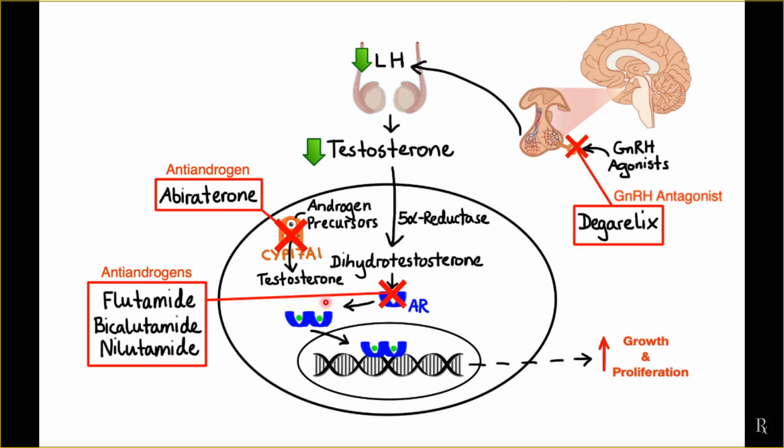So this is the same as the selective estrogen receptor modulators with the estrogens, and also we can reduce the production of the testosterone from the precursors, that is by blocking the cytochrome 17A1 enzyme by the abiraterone. So all this will lead to the decrease of the testosterone action.